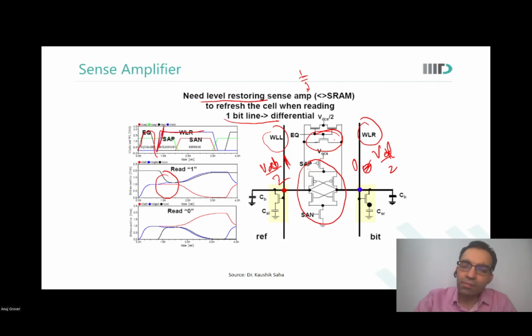SAP will go high, SAN will go low. So SAP was high, it will start to go low, so this PMOS turns on. SAN was low, it starts to go high, so this NMOS turns on. So what that means is that this latch is now operational.